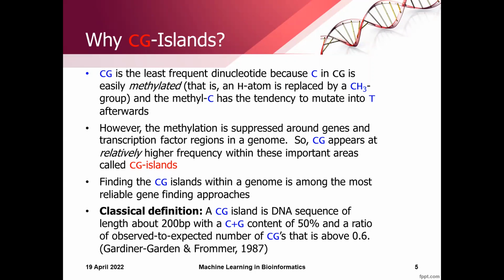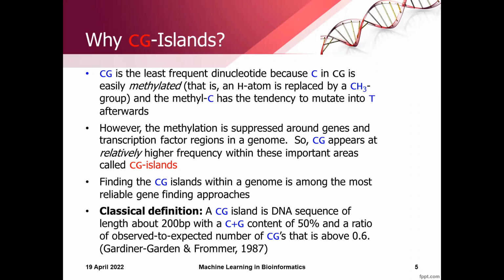The length is about 200 base pairs and the C plus G content around 50%. So if I count the percentage of all these bases, C plus G should be around 1/2, and the percentage of CGs should be above 60% of the expected value.